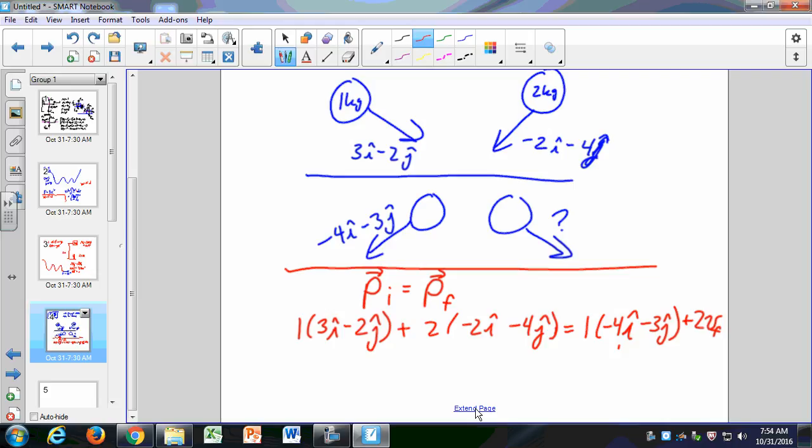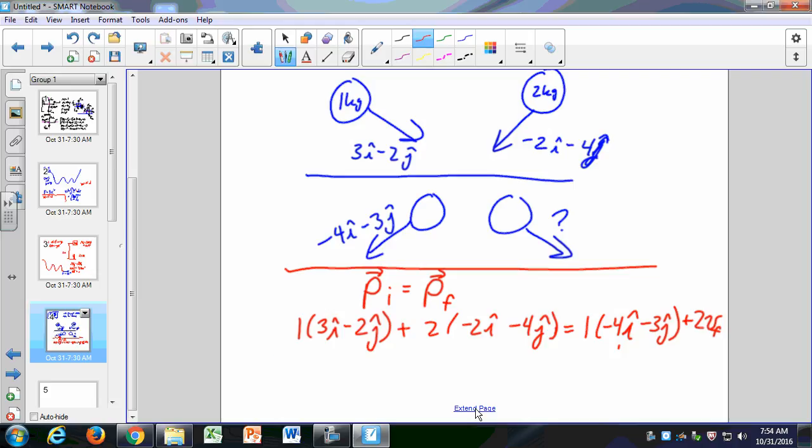The only trick, it's not really a trick, but the only thing that you need to remember here is that you keep those i and j components together, because you can't add i's and j's together in the normal arithmetic way. You have to add them as vectors. But I'm not asking you to do that anyway. I'm just asking you to express Vf in vector notation.